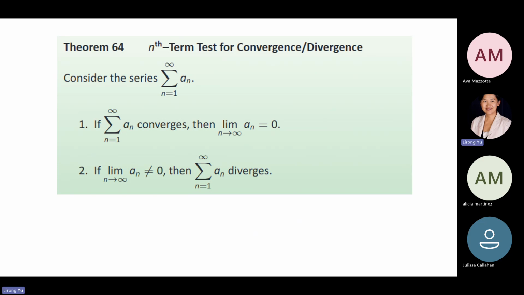As a consequence, if the individual term does not have a limit of 0, that means every individual term is not small enough, and then the whole summation is going to be infinity. So when each number is not approaching 0, the total summation is going to be infinity, and that's when we say the series will diverge.